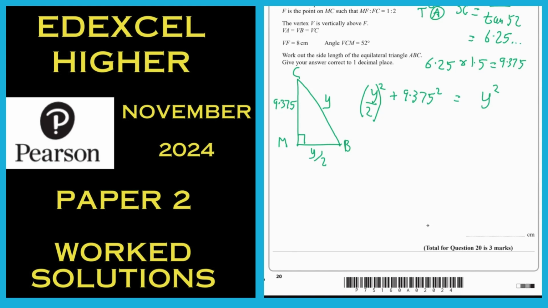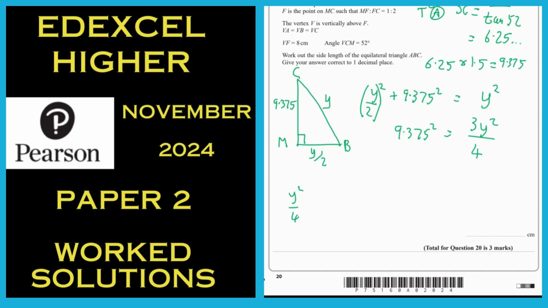Y over 4 all squared. I said the wrong thing. Y over 2 all squared is y squared over 4. 1y squared minus a quarter y squared gives us 3/4 y squared.